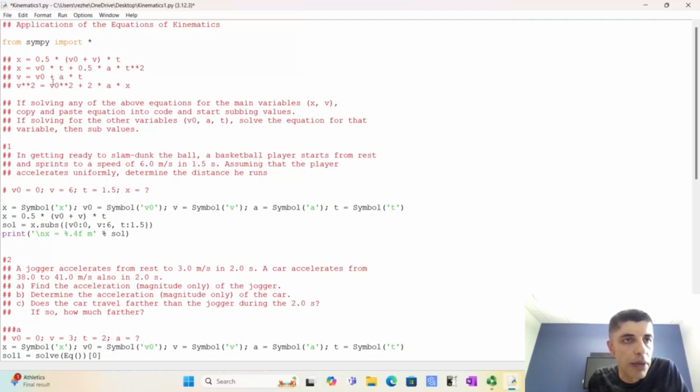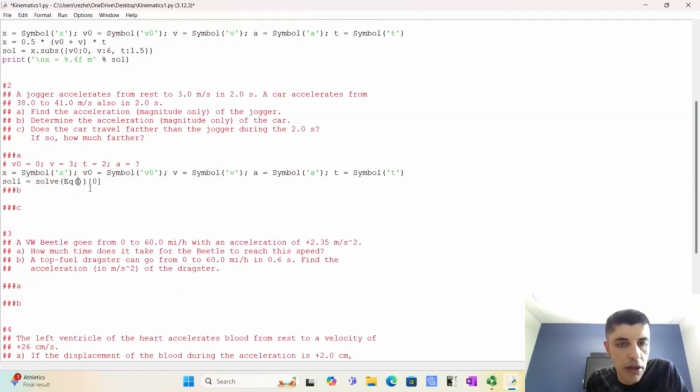So let's go ahead and copy and paste this line here, and we're going to put that in there like so, and then come outside, and the variable that is on the left side of this equation is v, because we have v equals v naught plus at, and what we're solving for is a here, right? So do a comma a like that, comma v like this, and we shouldn't need that. Okay, all right, so that's that.